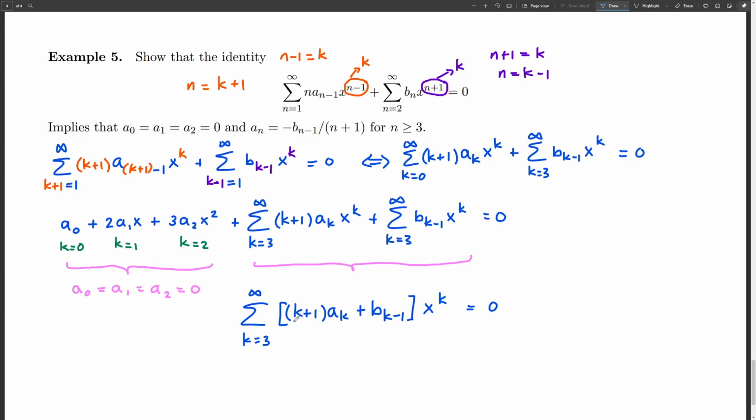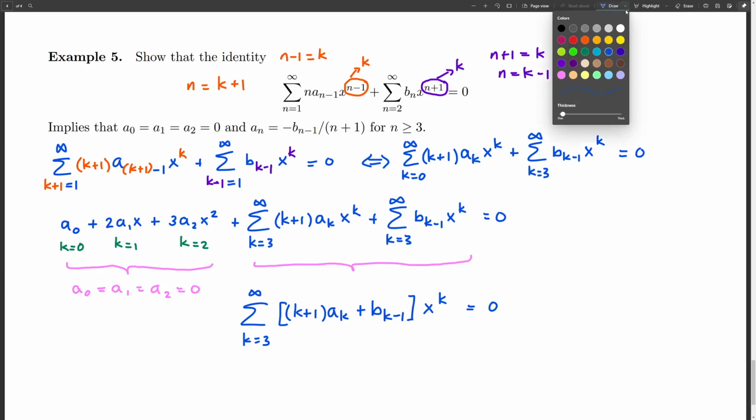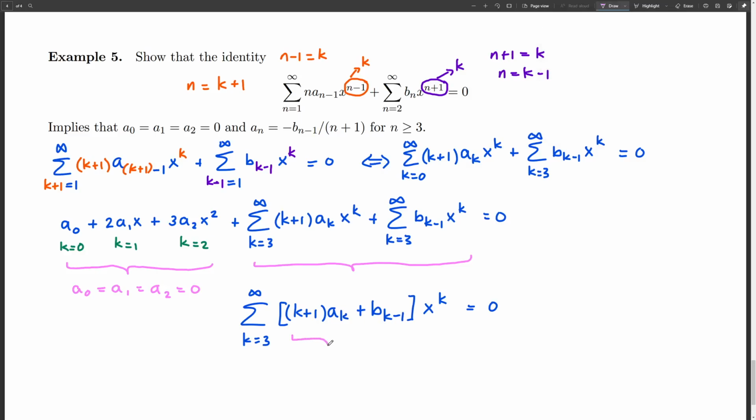And because all of this is 0, it must follow that these coefficients have to be equal to 0 for all k greater than or equal to 3.